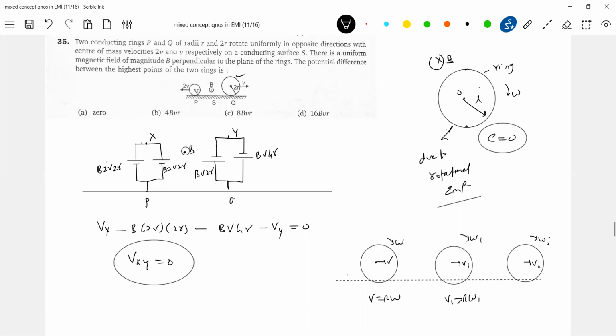V1 greater than R omega. V2 less than R omega. Forward slipping, backward slipping, pure rolling. And B bar is everywhere into the plane. What about EMF induced in all three rings? About what point? About point XY.